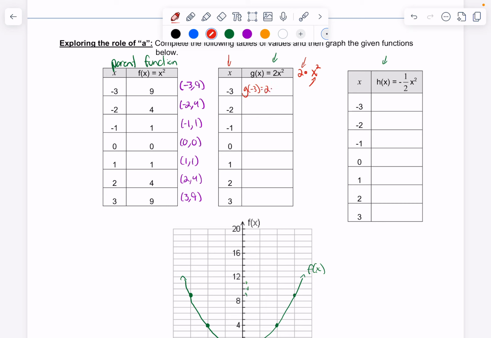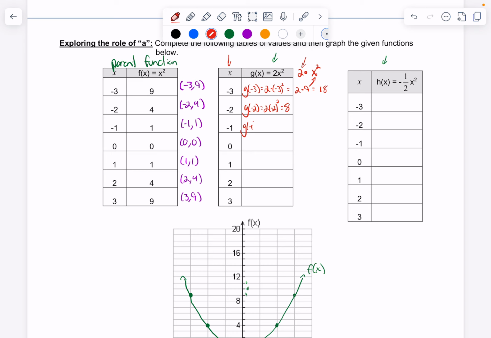That's 2 times -3 squared, which is 2 times 9, which gives you 18. Then g of -2 is 2 times -2 squared. -2 to the power of 2 is 4, multiplied by 2 gives you 8.